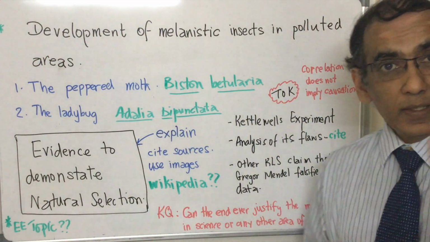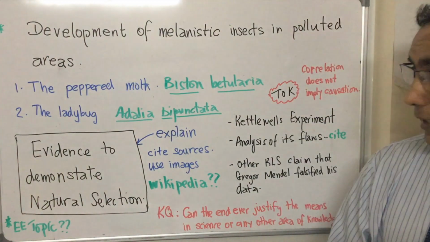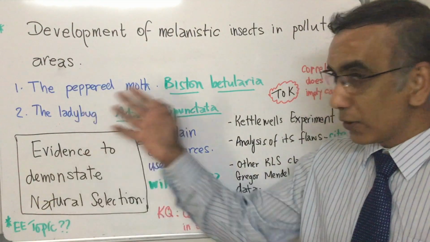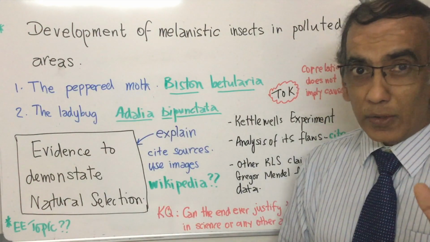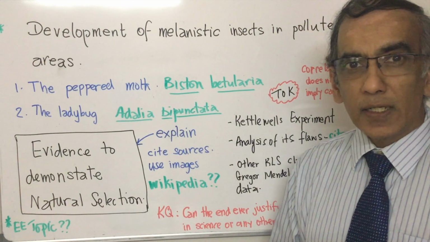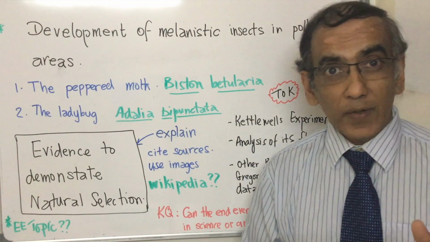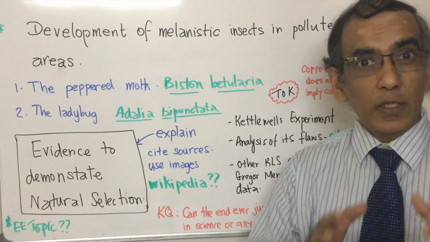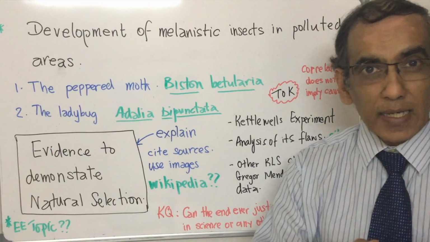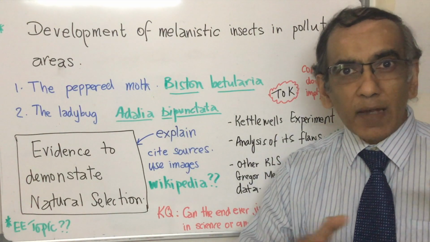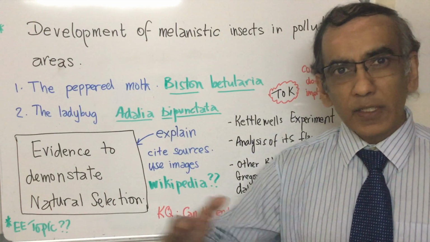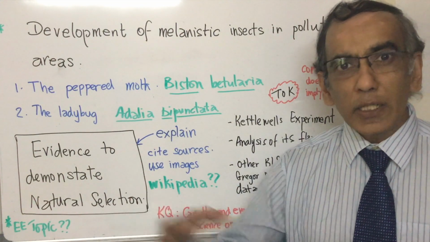knowledge question in ToK. But if you're particularly interested in this topic and you are thinking about your extended essay in biology using secondary research, well then this too is an excellent topic, because what makes for a good extended essay is something where you have an analysis to do, where there are different perspectives to gather information on.